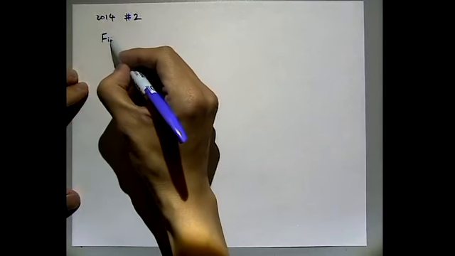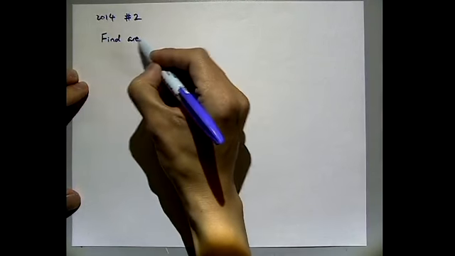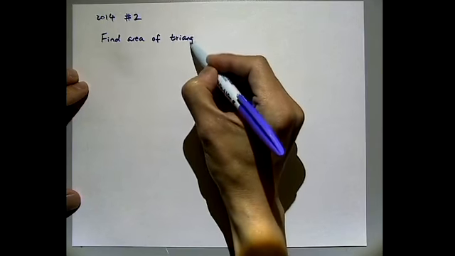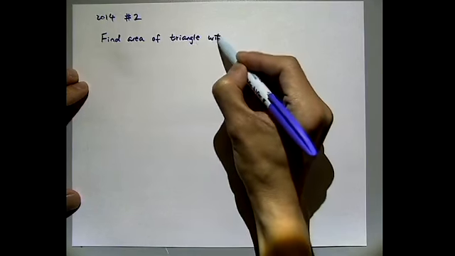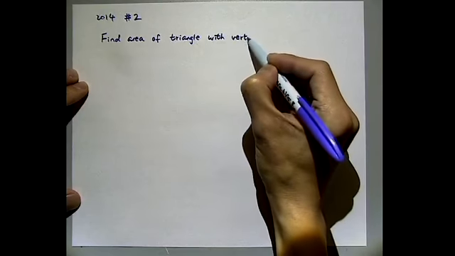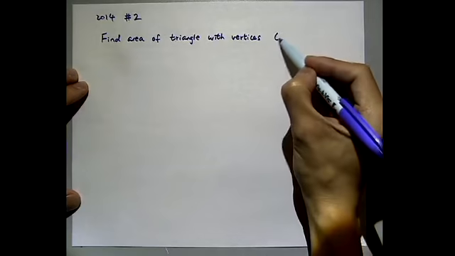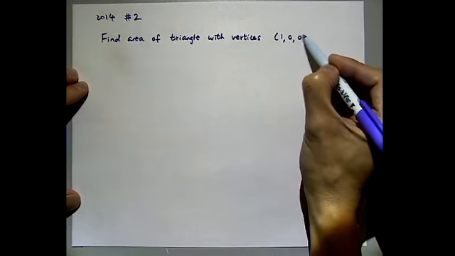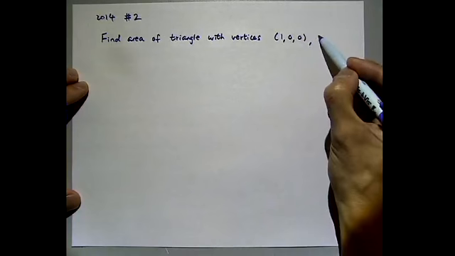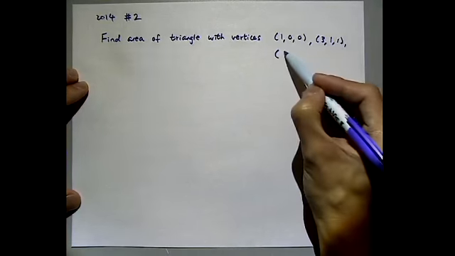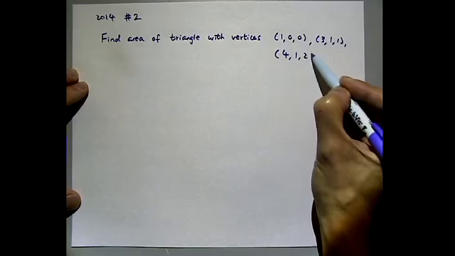Find the area of a triangle with vertices at 1, 0, 0, 3, 1, 1, and 4, 1, 2.